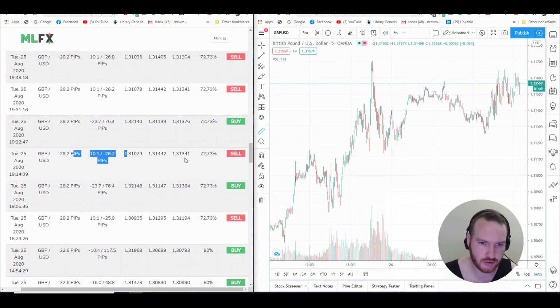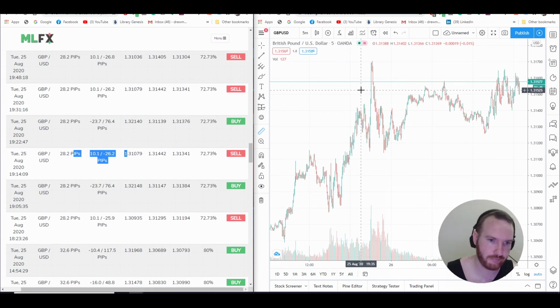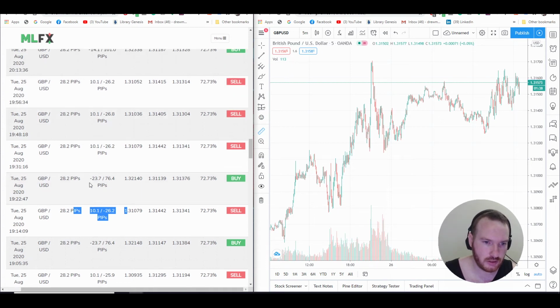This one will be a loser as well. 341, I would say. 9. Yep, I'm going to check that. Then we've got 19. This will be a loser as well, because that was the one I just checked before, and it's around the same level, and we had that lower move after. Time-wise, we're only 20 minutes later as well. Yep.